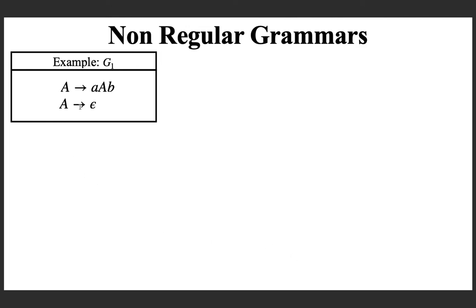Production number 2 is okay, but 1 is not satisfying left linearity or right linearity. To be left linear, the variable must be the leftmost variable. To be right linear, the variable must be the rightmost variable. So it's neither left linear nor right linear. So it's a non-regular grammar, and note that the language is again non-regular.